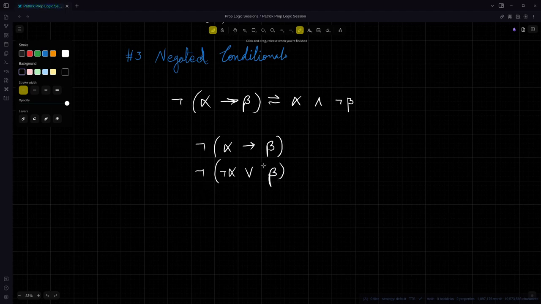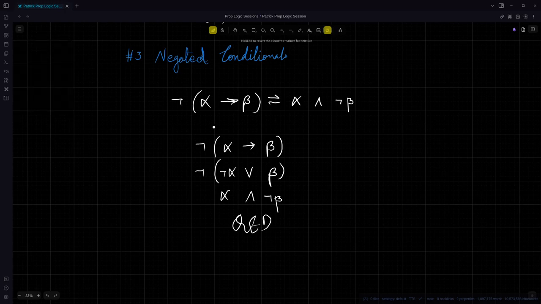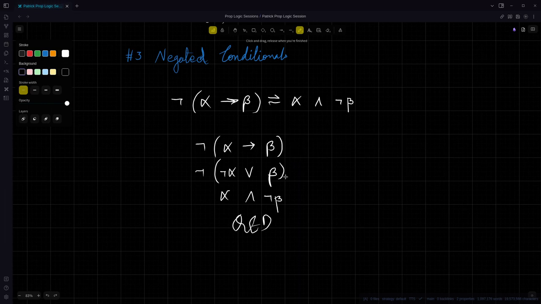And then De Morgan's law. Then it's alpha and not beta. And we have what we wanted to show. So that's the proof for negated conditionals.